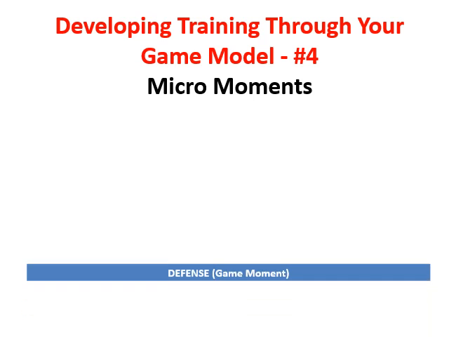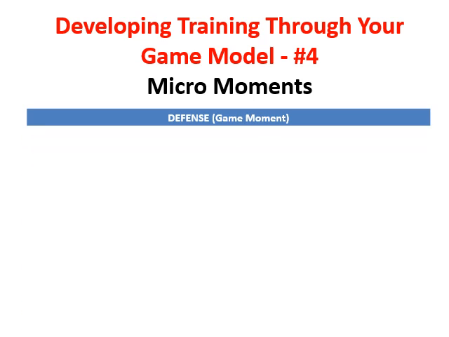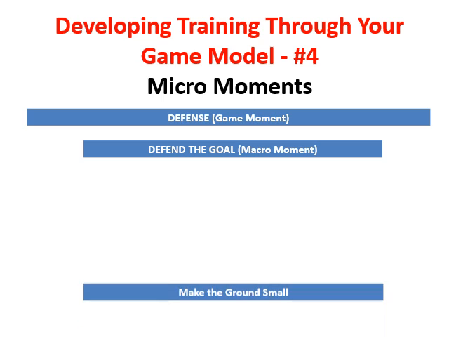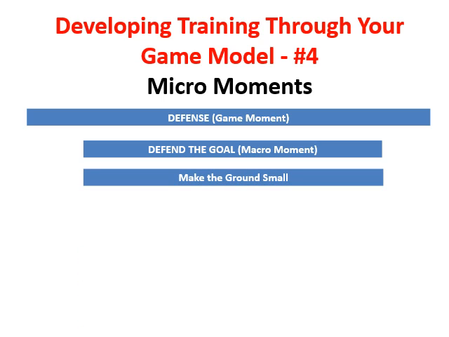Step 4, you've got micro moments. So if we go back to the game moment, we're going to choose defense, and we're going to choose defend the goal. Now let's have a look at the micro moments for defending the goal. The micro moments are the moments in the game that make up you defending the goal, or enable you to defend the goal. Again, I've just plugged some 5 or so options in.